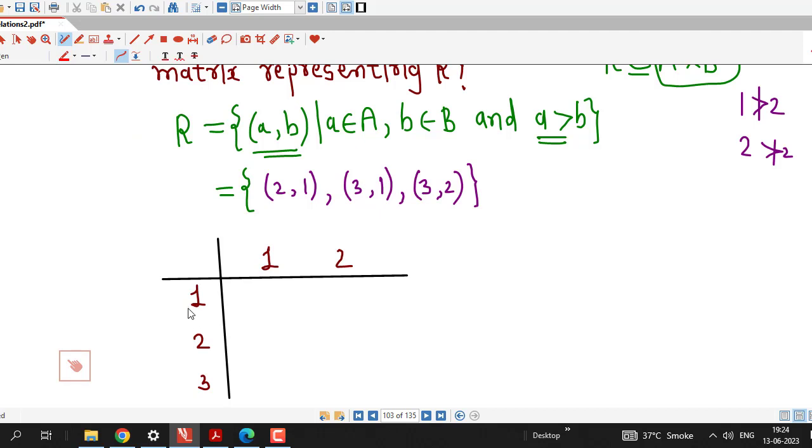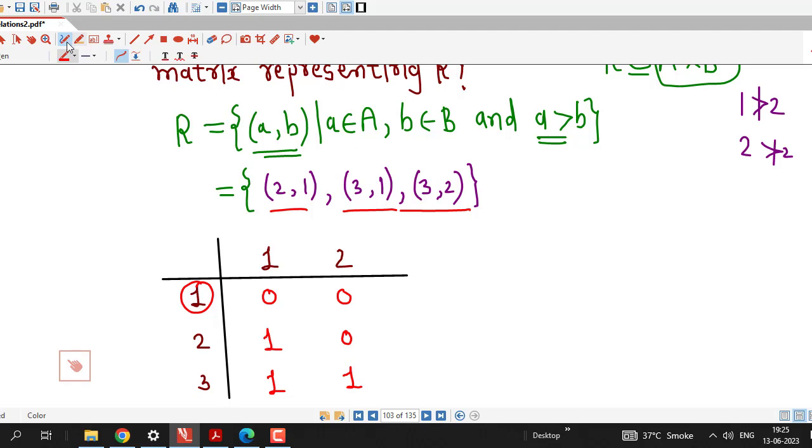Now we check for each and every possible ordered pair. First, I fix 1 and vary these two as second components: (1, 1). So (1, 1) is not present here, so I put 0. Then (1, 2) is also not present, so I put 0. Then (2, 1) is present, so I write 1. (2, 2) is not present. Then (3, 1) is present, and (3, 2) is also present.